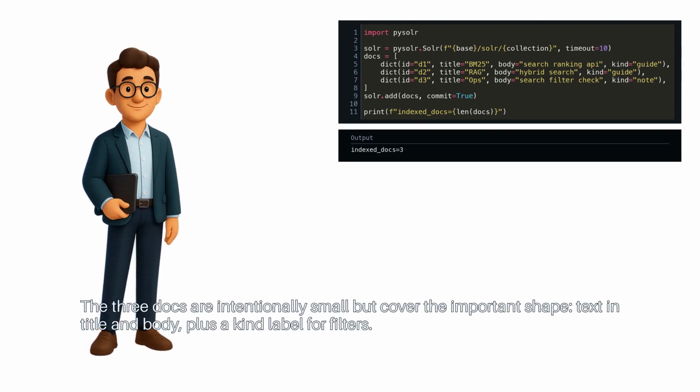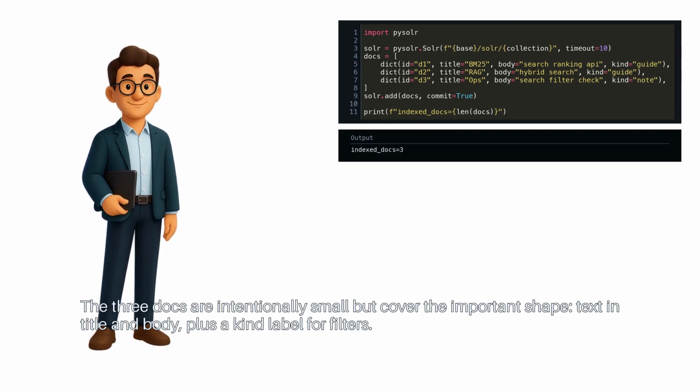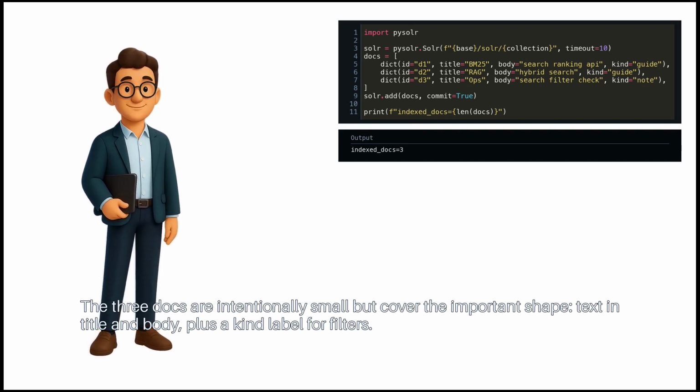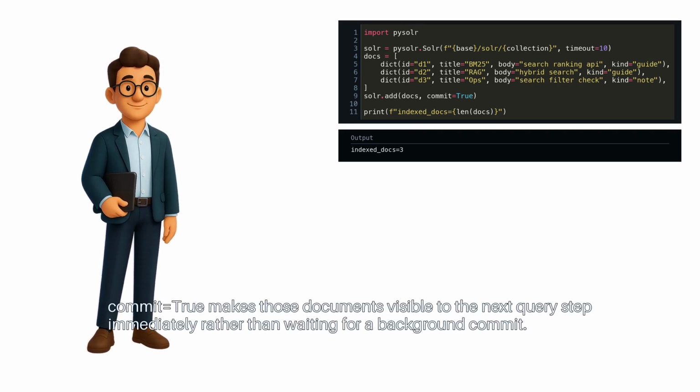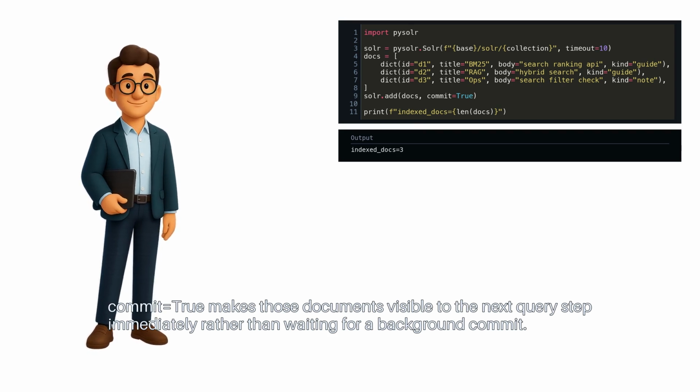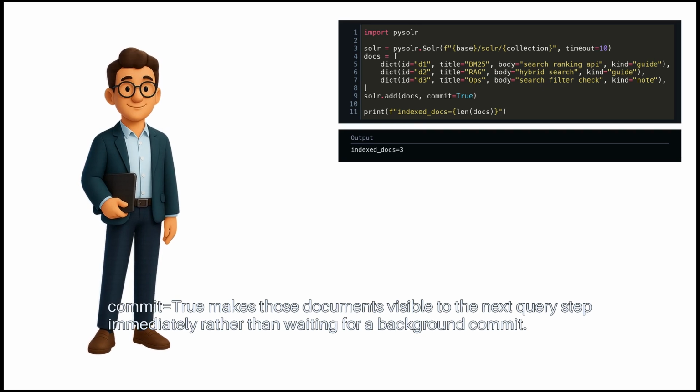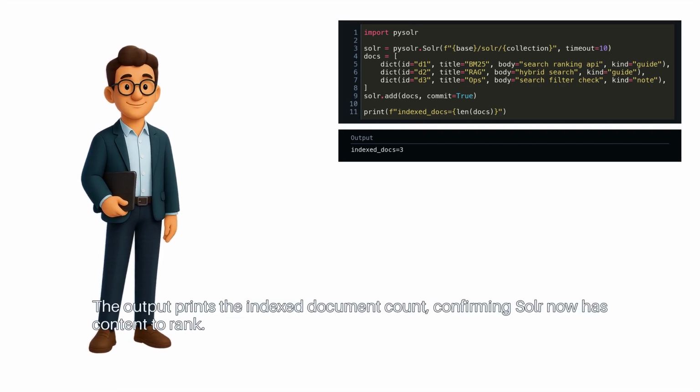The three docs are intentionally small, but cover the important shape, text in title and body, plus a kind label for filters. Commit true makes those documents visible to the next query step immediately, rather than waiting for a background commit. The output prints the indexed document count, confirming Solr now has content to rank.